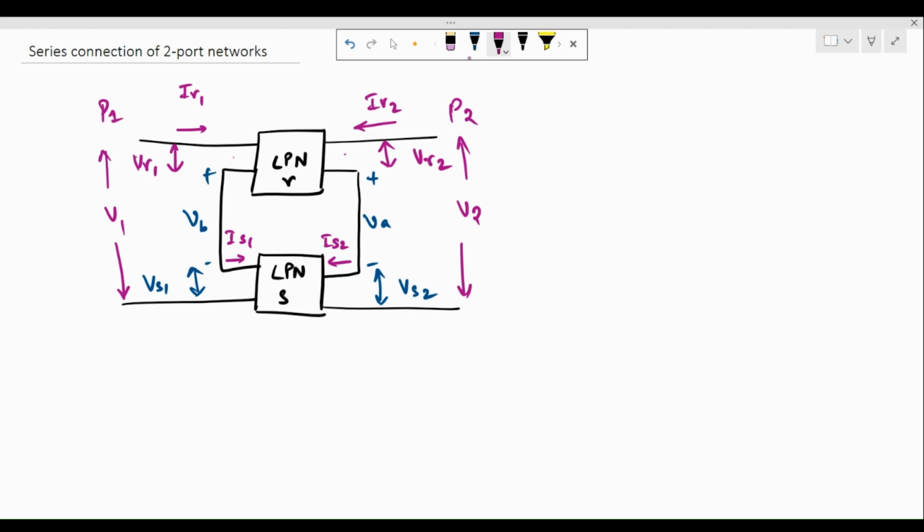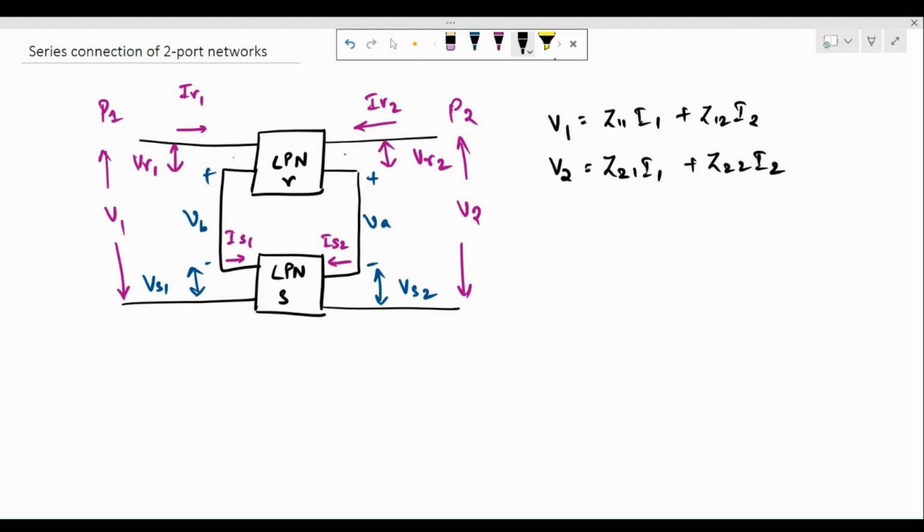Now let's see how the impedance matrix is going to get affected. So let's write out the equation in terms of the Z parameters for this two-port network. V1 is Z11 I1 plus Z12 I2. V2 is Z21 I1 plus Z22 I2.